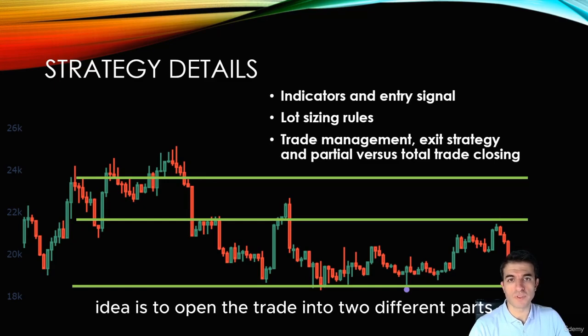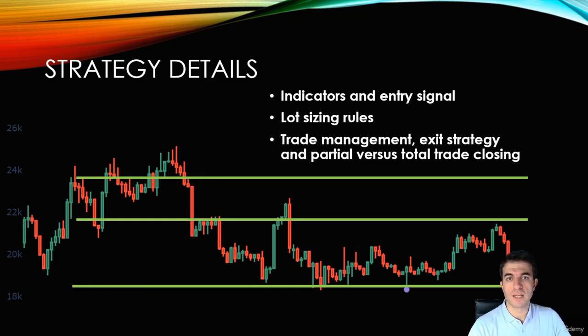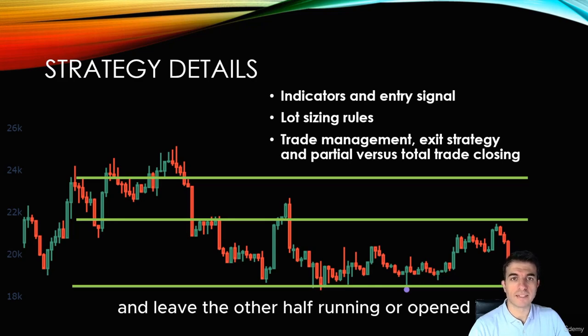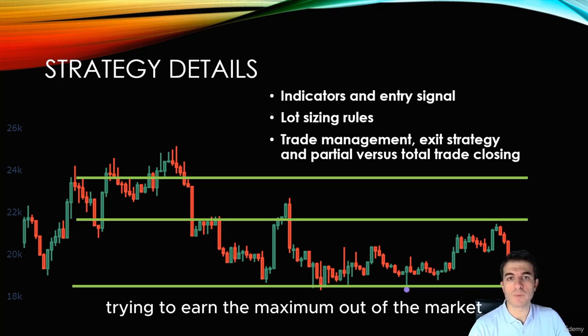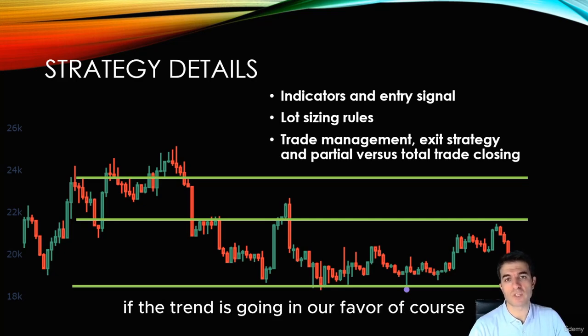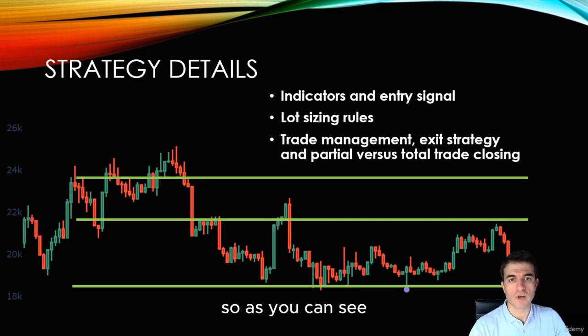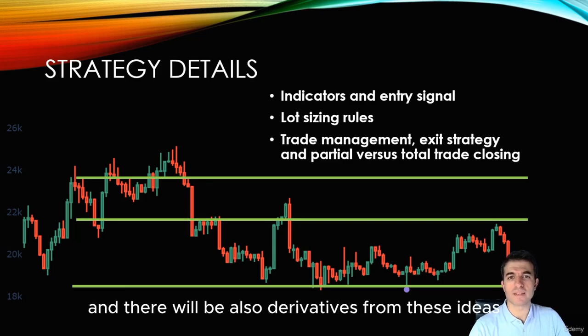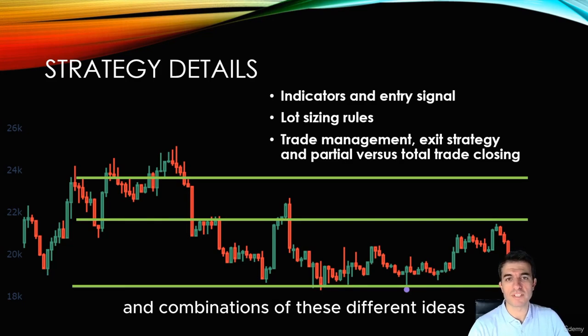Another idea is to open the trade into two different parts and close half of the trade at half the take profit value and leave the other half running or opened, trying to earn the maximum out of the market if the trend is going in our favor, of course. So as you can see, there are many ideas, and there will be also derivatives from these ideas and combinations of these different ideas.